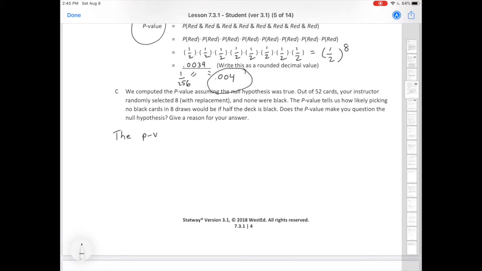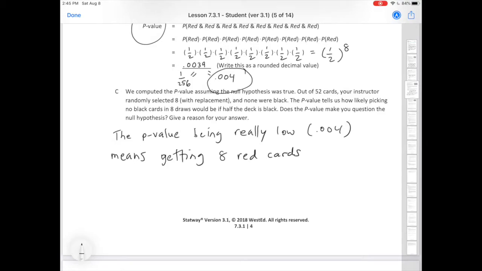The p-value being really low, 0.004, means getting 8 red cards in a row is extremely unlikely given the deck is fair.